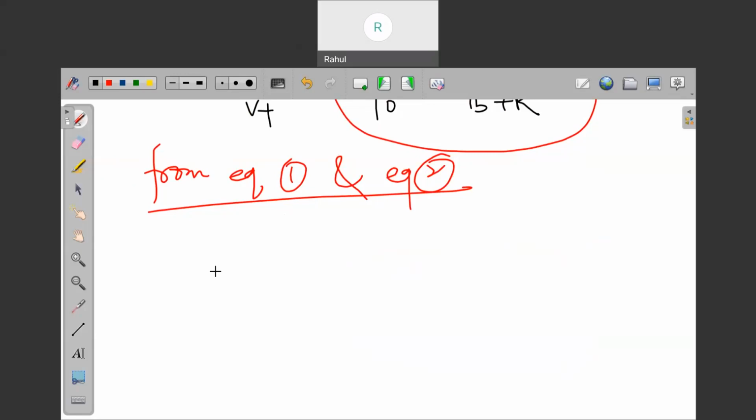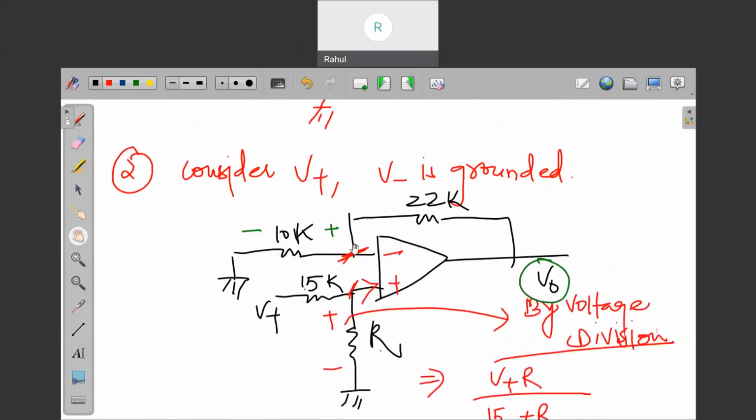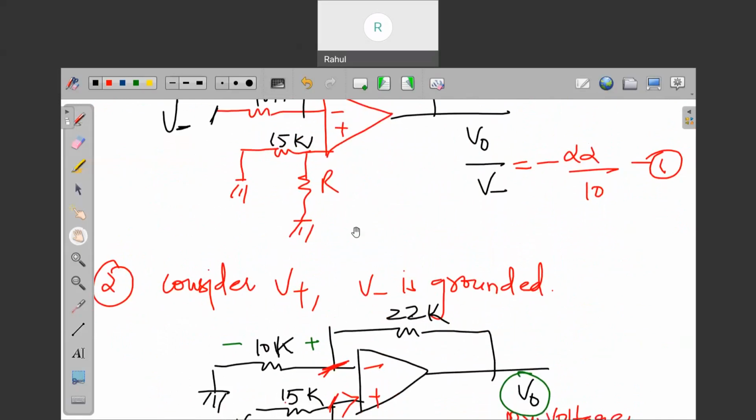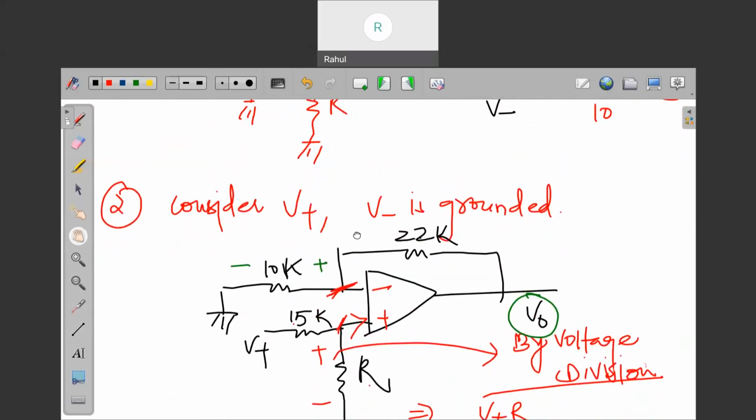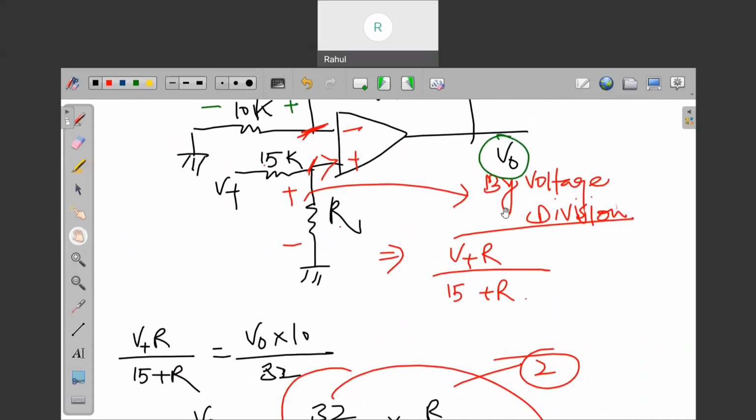Please try to solve this question. So you can see here we have found equation 1 as minus 22 by 10, and then we have considered the second one. You have to equate it, I mean, this negative sign you don't have to take.